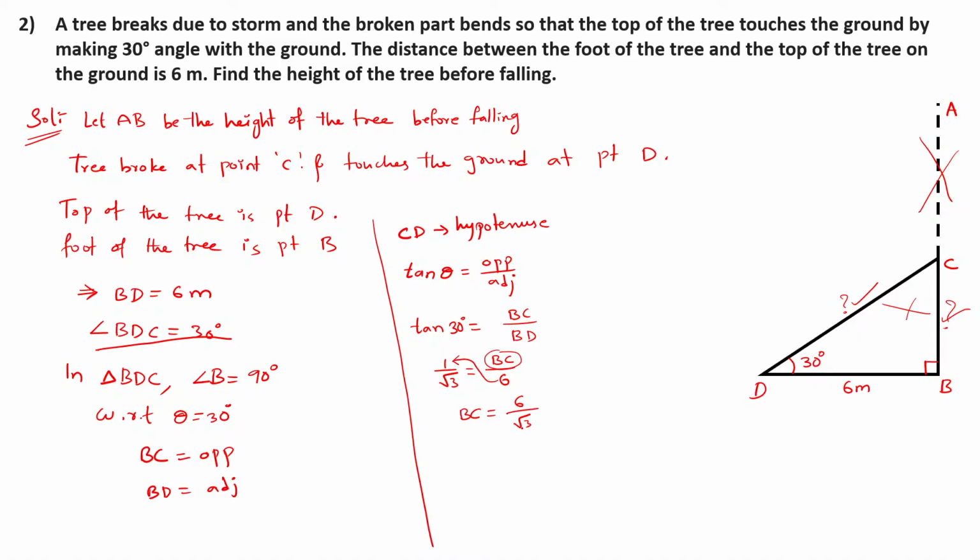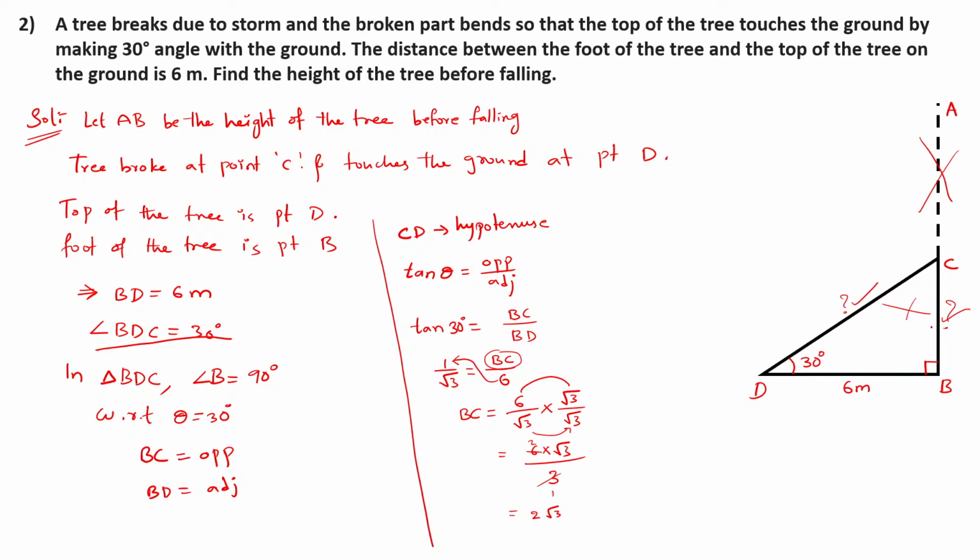Here the denominator is an irrational number, so we have to rationalize that denominator. So I multiply with root 3 and divide by root 3. Now 6 into root 3, we write 6 root 3 only. Now here root 3 into root 3 becomes 3. Now 3 ones are 3, 3 twos are 6. So the answer is 2 root 3.